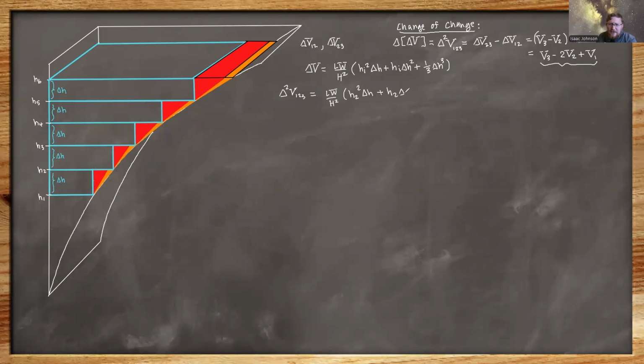So what's cool is we got this change formula in terms of just initial height and delta height. That's what we get for the change from 2 to 3. Then we subtract off the change from 1 to 2. And of course, the initial height there is just H1.